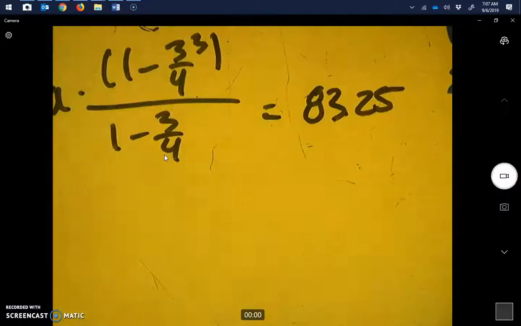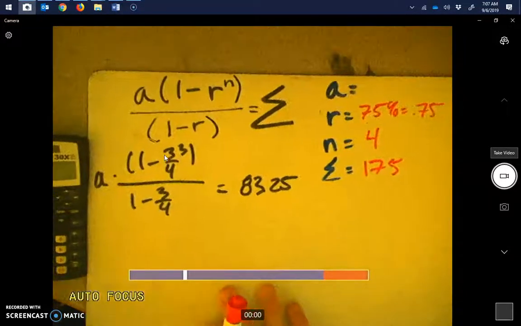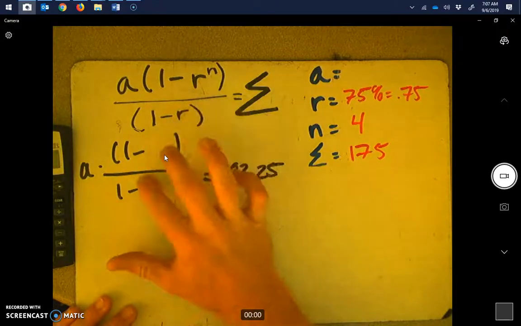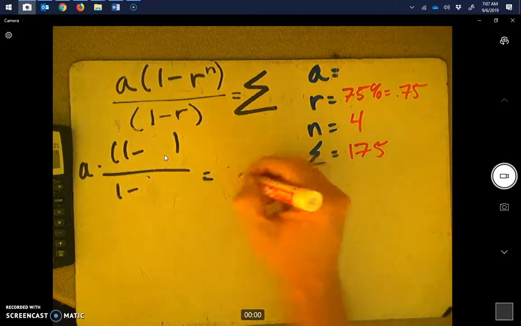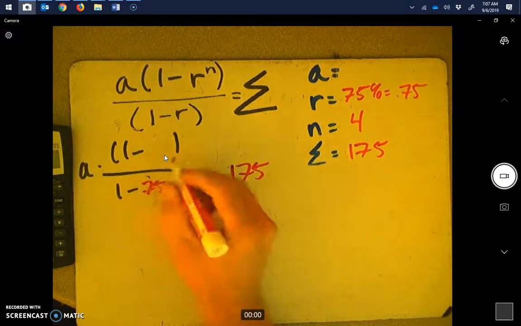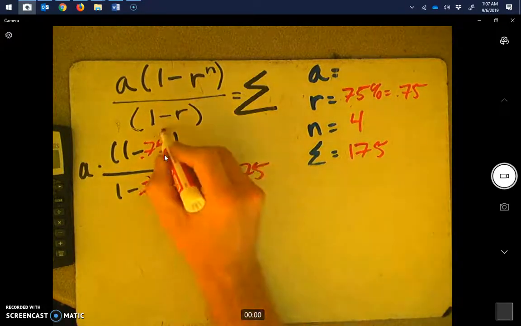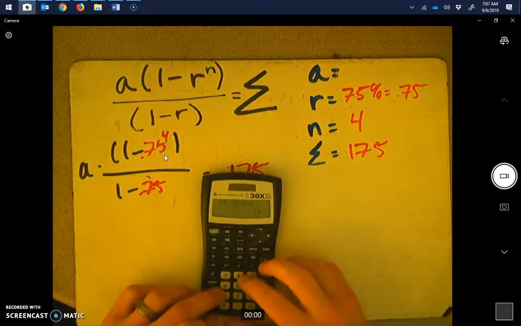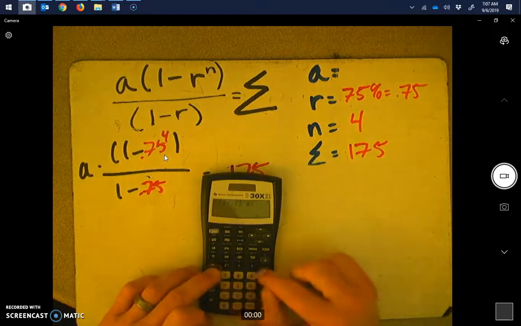Okay, so I'm going to come over here. I wrote out the problem. I'm going to just change the important things. So 175, 1 minus 0.75, 0.75 for the rate, and 4. Okay. So the top is 1 minus 0.75 raised to 4.